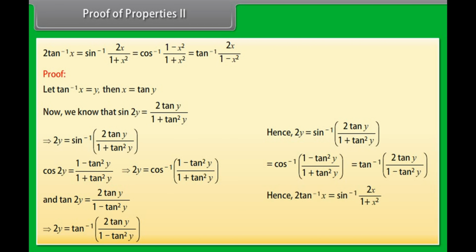Hence 2 tan inverse x is equal to sin inverse 2x by 1 plus x square, which is equal to cos inverse 1 minus x square by 1 plus x square, which is equal to tan inverse 2x by 1 minus x square. Example.